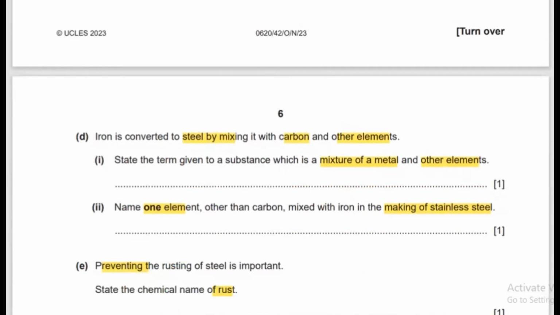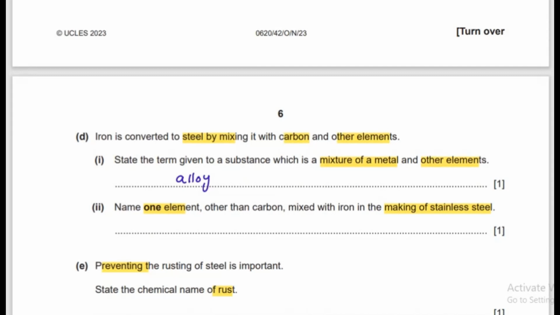Iron is converted to steel by mixing it with carbon and other elements. State the term given to the substance which is a mixture of a metal and another element. A mixture of a metal and another element is an alloy. Name one element other than carbon mixed with iron in the making of stainless steel.